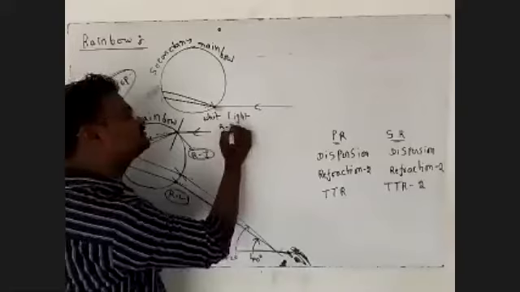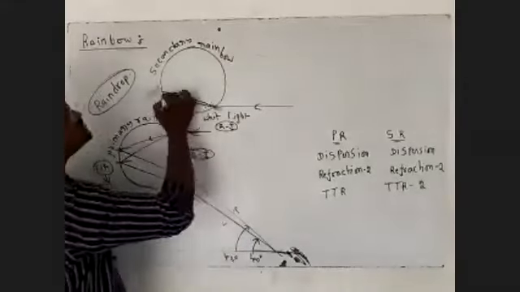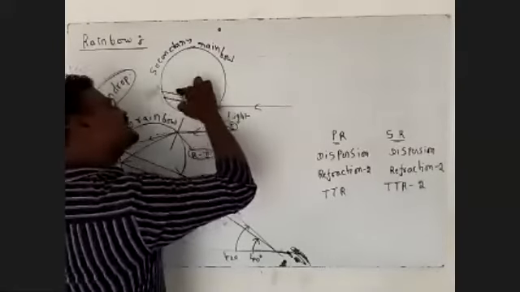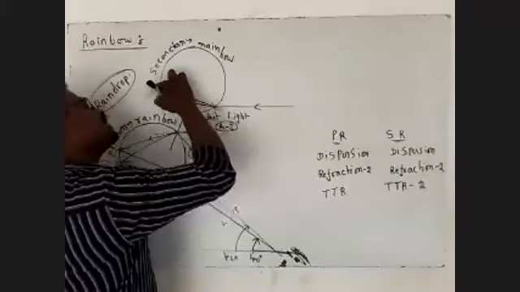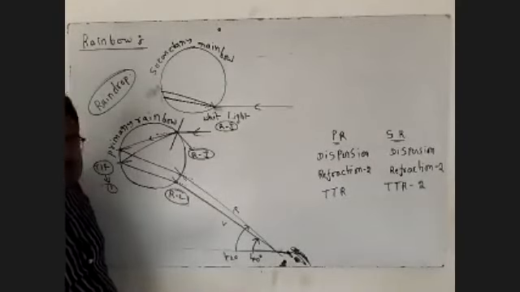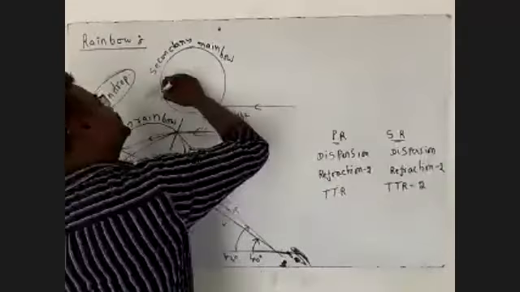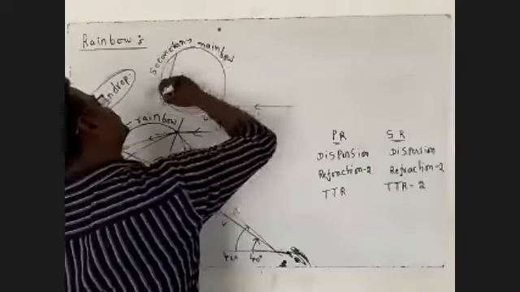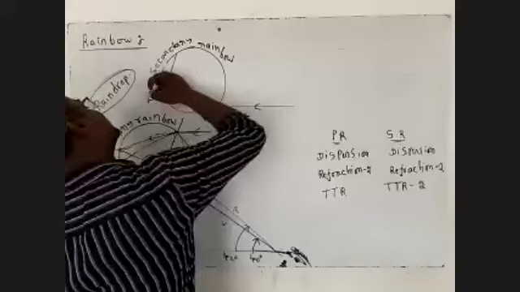Refraction number one. The light ray strikes at this point, and the angle of incidence is greater than the critical angle. So it takes total internal reflection one.